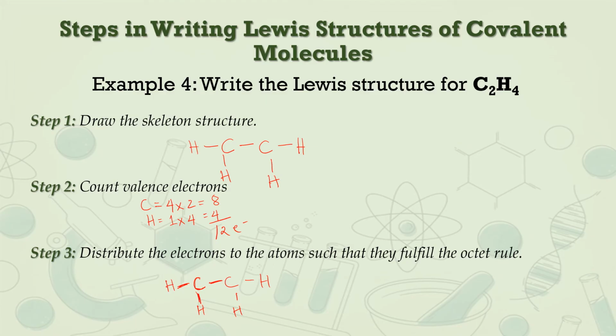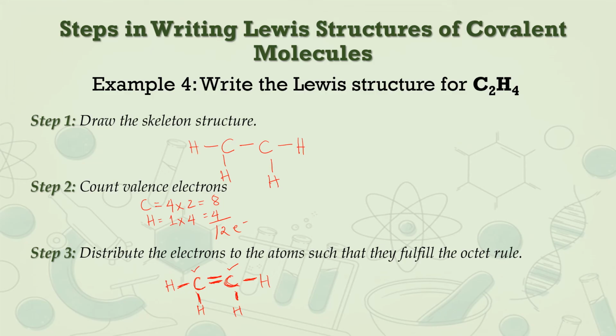Also the other carbon, 2, 4, 6. So each of the carbons needs 2 electrons more to make them 8. So we'll draw a line in here. Okay, so let's check the carbon in here, 2, 4, 6, 8. Another for this carbon, 2, 4, 6, and 8. So each of the carbons is already stable.